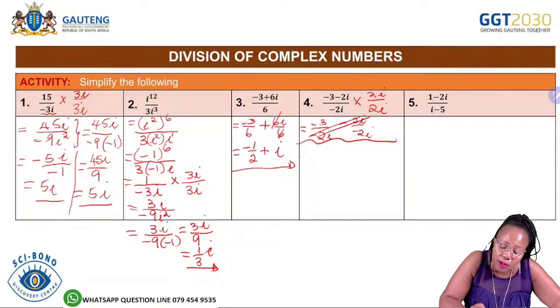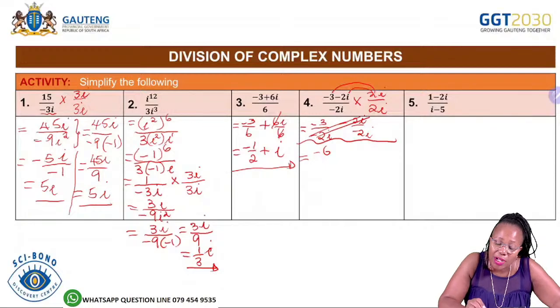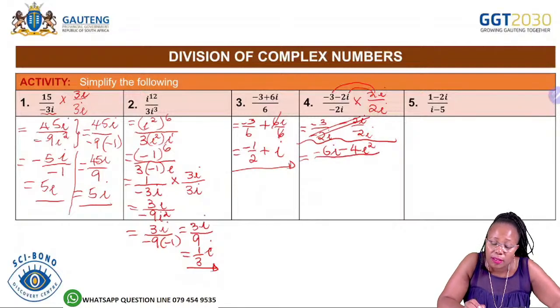Okay, and then now let's continue. It's minus 3 times 2i, that is minus 6i. We are distributing this to both of these now. Minus 2i times 2i is negative 4i squared, because there's an i there. And then the denominator is minus 2i times 2i, which is minus 4i squared.